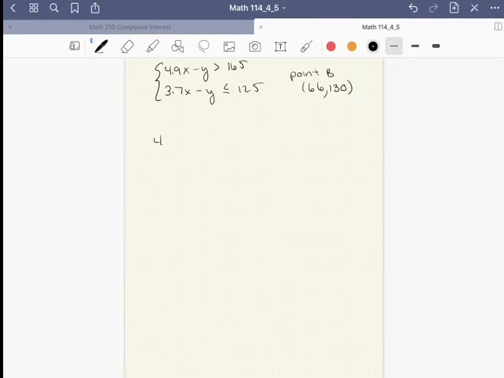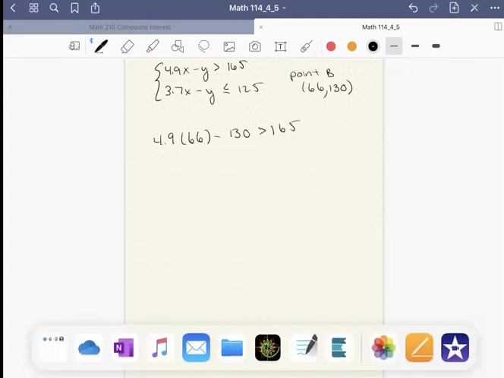Well, we just plug in. We already know how to do this: 4.9 times 66 minus 130 is greater than or equal to 165.